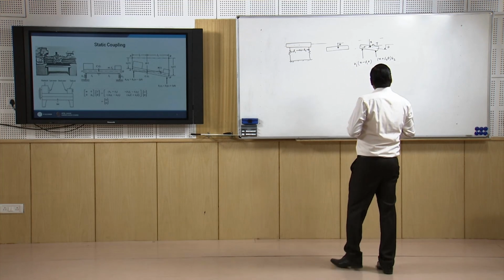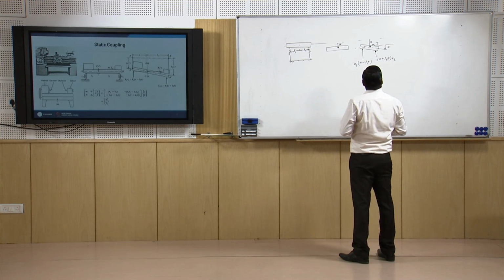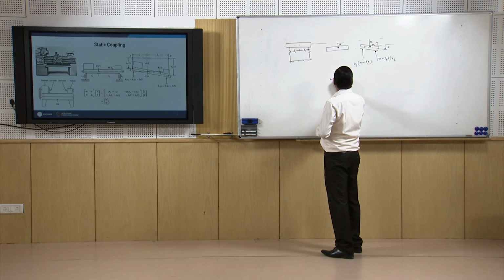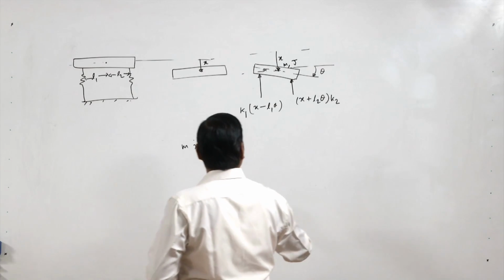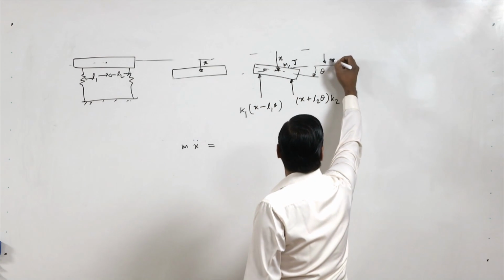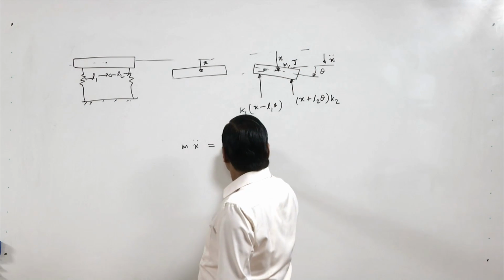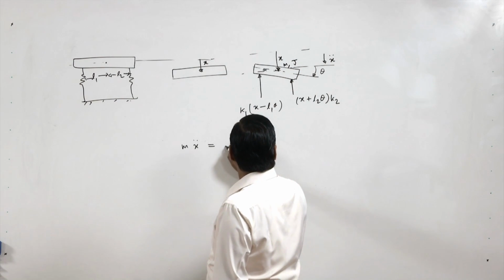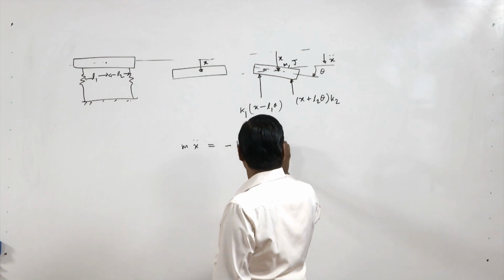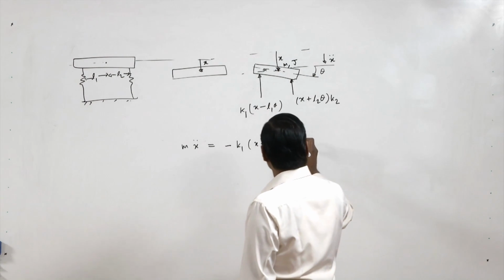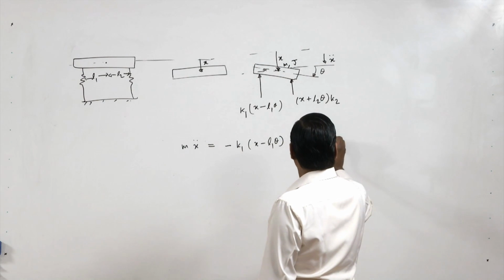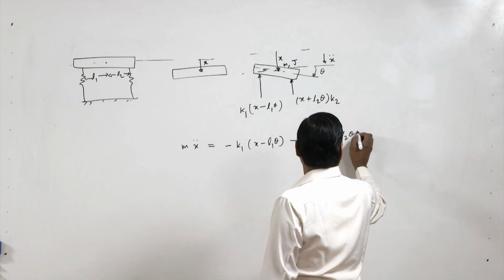Now we can write the equation of motion of this system. So m x double dot equals the forces. This is x double dot, and that is minus K1 (x minus L1 theta), because this is opposite, and again opposite, minus K2 (x plus L2 theta).